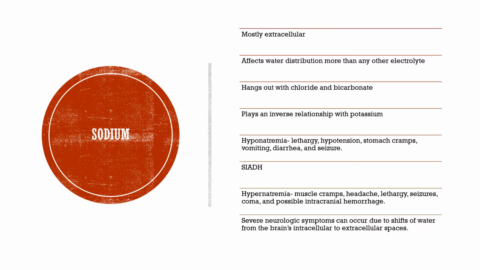We don't ever run a hypertonic solution as like a bolus. You're going to be wanting to do very regular neural checks and be watching for signs of any change in your patient's mental status. So that really kind of is that last bullet point. The severe neurological symptoms can occur due to shifts of water from the brain's intracellular to extracellular spaces.